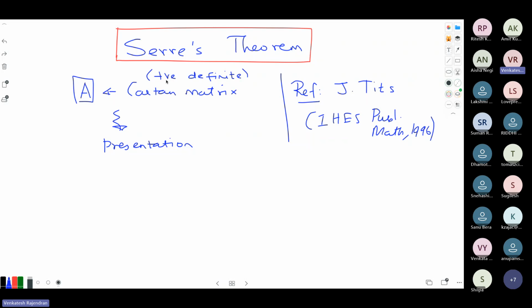Then you can ask this natural question: you take Serre's presentation and allow, instead of a positive definite matrix, some general integral matrix. That will be called a generalized Cartan matrix. But it's basically a PhD project.